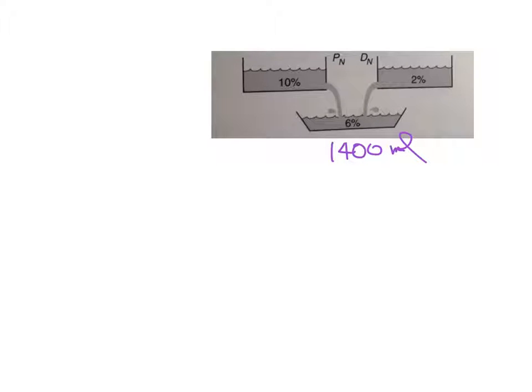Okay, what we're going to do here is we're going to write 0.10 times the amount of water we're pouring in. So that's there. Plus 0.02, changing the percent to a decimal, times the amount of water we're dumping in.